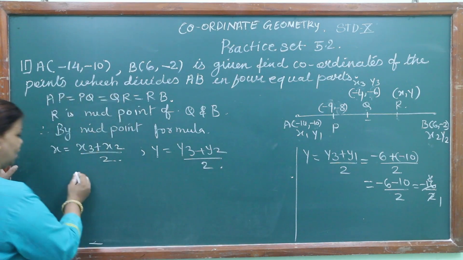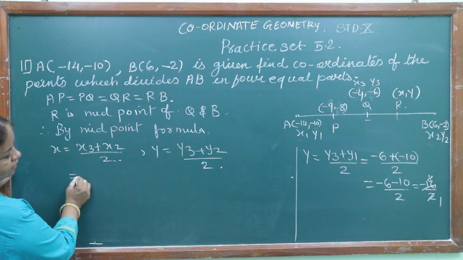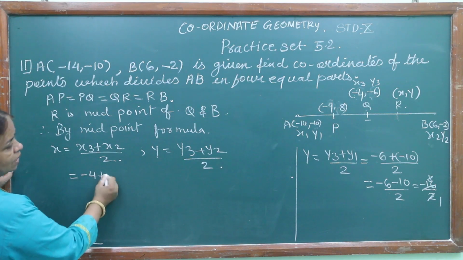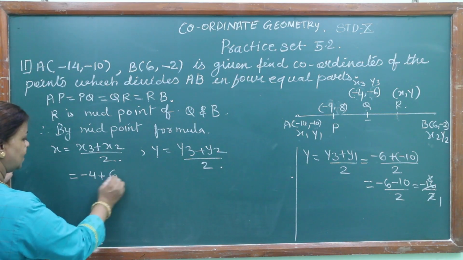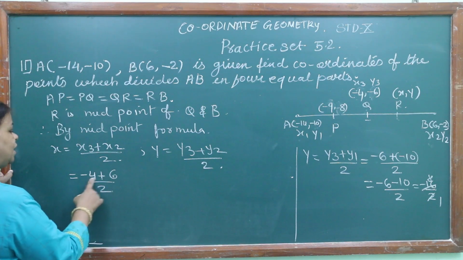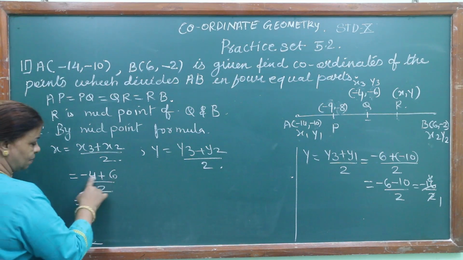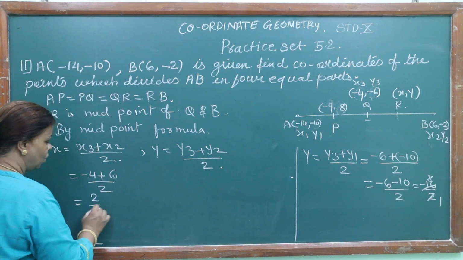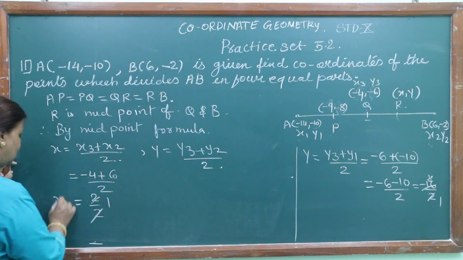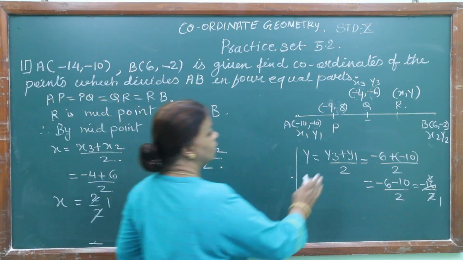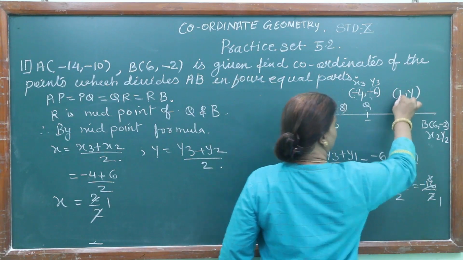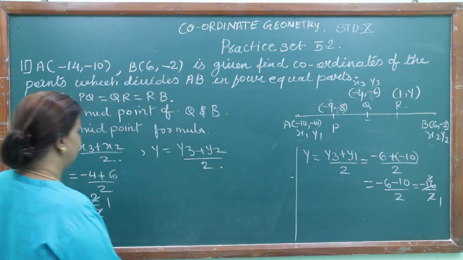Now let us place the value. x3 is minus 4 plus x2 is 6 upon 2. Minus 1 is minus, 1 is plus, so subtraction would be there. 2 upon 2, cancellation 1, x is 1. So here the coordinate is coming as 1. Let us go for y coordinate.